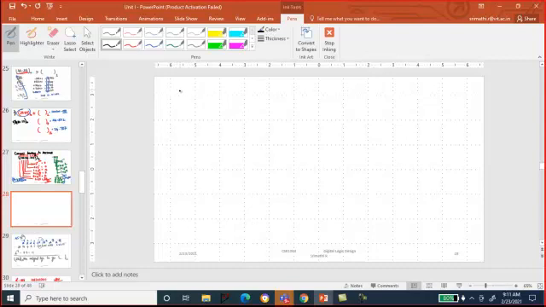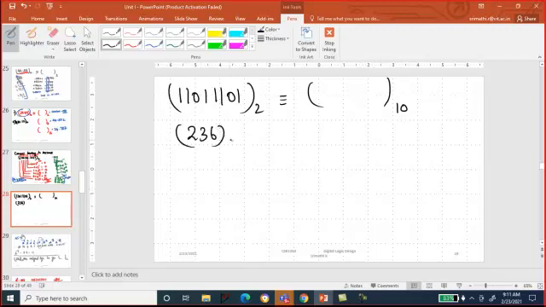Now convert 1101 binary to decimal, then 236 octal to decimal, and CB hexadecimal to decimal.